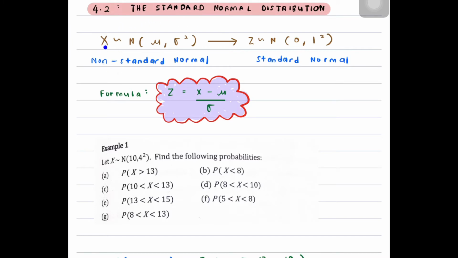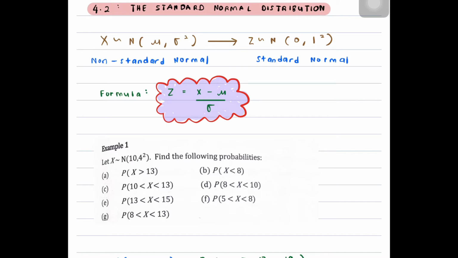You have the random variable X follows normal, with the parameters mu and variance. This one is for the non-standard normal, which has the X symbol. When you have the standard normal, the symbol will be Z, which follows a normal distribution with mean equal to 0 and variance equal to 1.